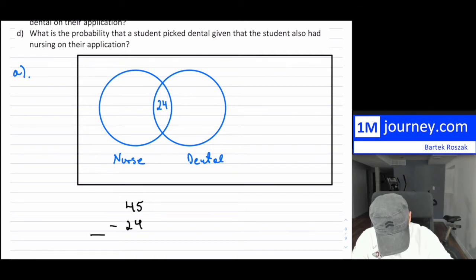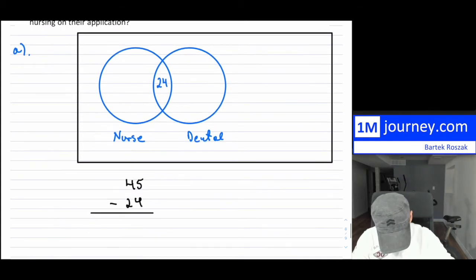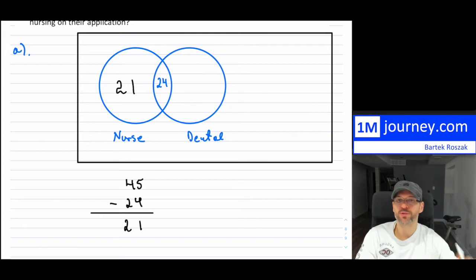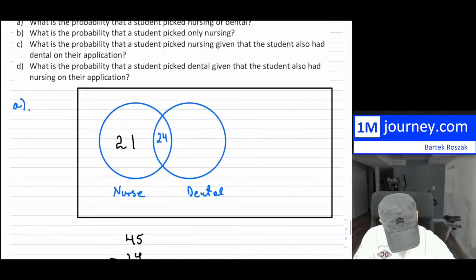So we subtract that 24, and that leaves us 21. So 21 only applied to nursing on their own. And notice if you add 21 plus 24, it gives you 45 that have applied to nursing in general.